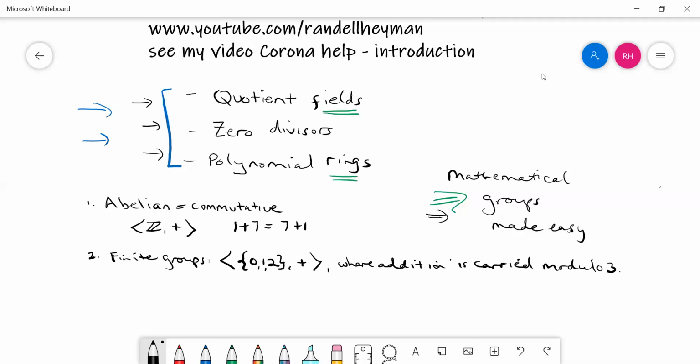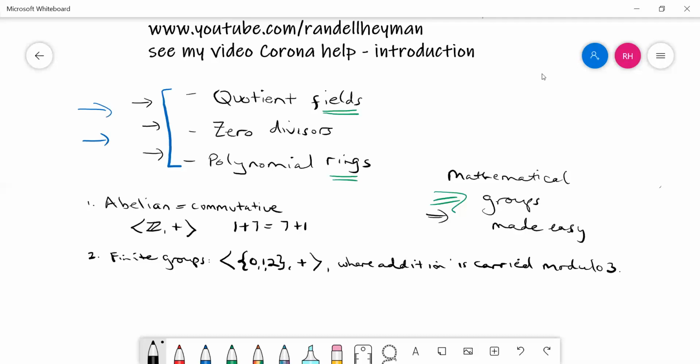Modulo 3 is talking about modular arithmetic. If you're not sure about it, have a look at my video, Modular Arithmetic Made Easy, but you don't really need it for this point.